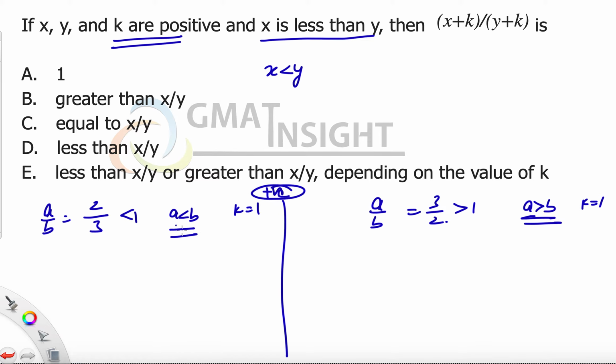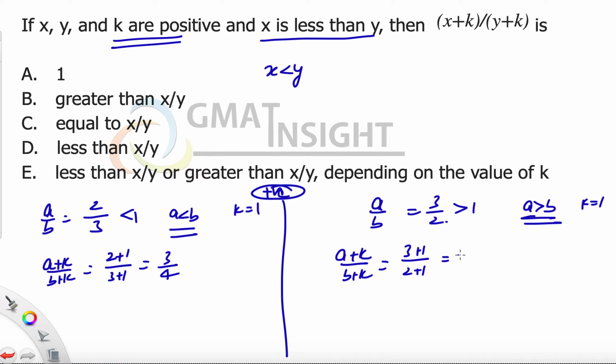Let's see what happens if we add a plus k over b plus k. In the first case we say 2 plus 1 over 3 plus 1, that is equal to 3 by 4. In the other case, a plus k over b plus k is equal to 3 plus 1 over 2 plus 1, which is equal to 4 over 3. 4 over 3 has value 1.33, 3 over 4 has value 0.75.